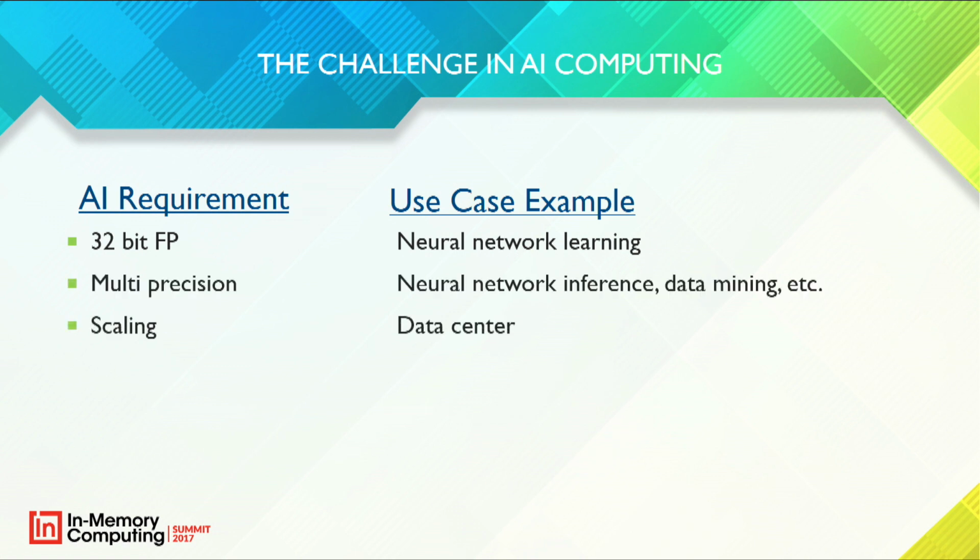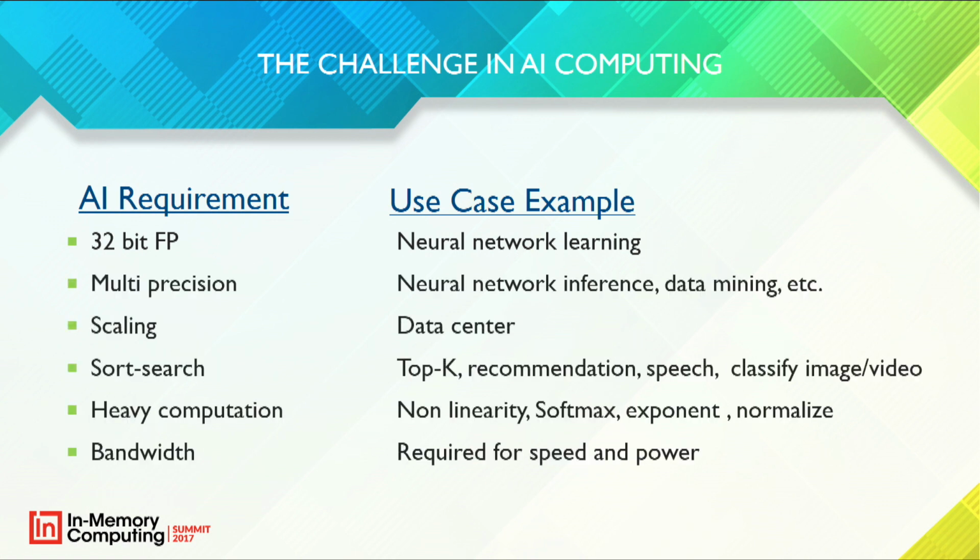For example, looking at what functionality we want in machine learning, we need an architecture that can support 32-bit floating point. One use case is a neural network for learning, where we need high precision. The CPU can do very high accuracy, and especially the GPU can do 32-bit floating point.